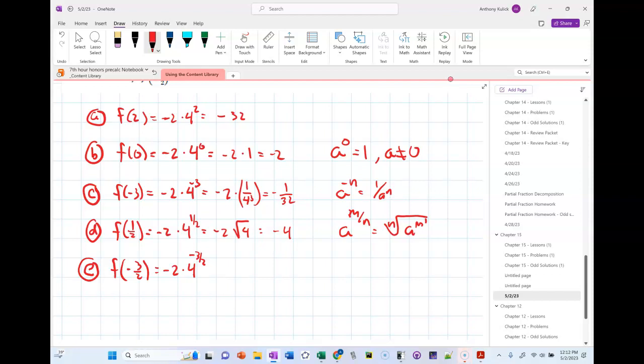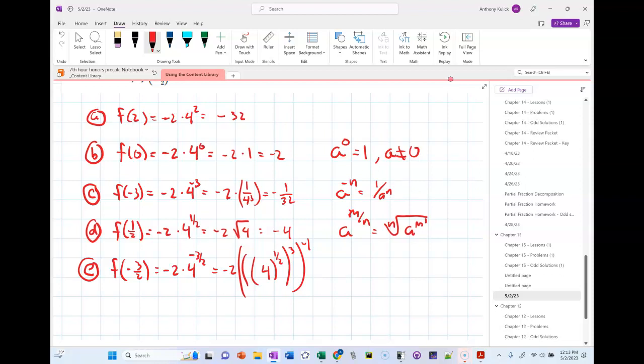The way I would think about this is I would break it up into 3 different exponents, because negative 3 over 2 is the same thing as negative 1 times 3 times a half. Now I'm going to choose to do the 1/2 part first. Why would I choose that? It's too easy. 4 to the 1/2 is easy. That's no calculator, no problem. So 4 to the 1/2 is 2, because that's the same thing as square root of 4.